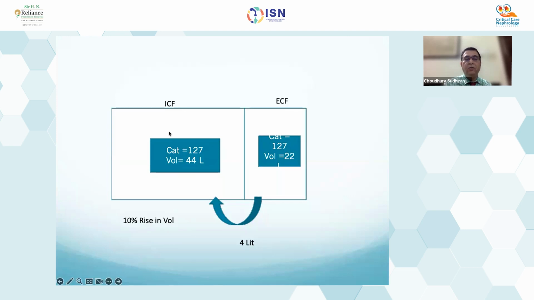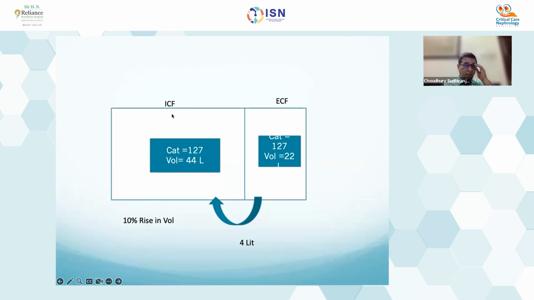That will dilute the intracellular fluid compartment cations and bring them down from 140 to 127. Similarly, the extracellular fluid compartment will come down to 127. And this is the volume on both sides. There will be a 10% rise in volume in the intracellular fluid compartment.